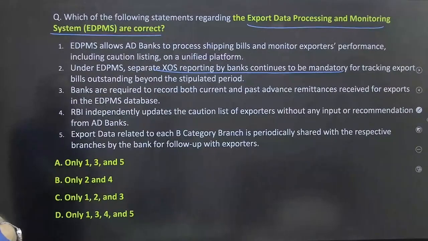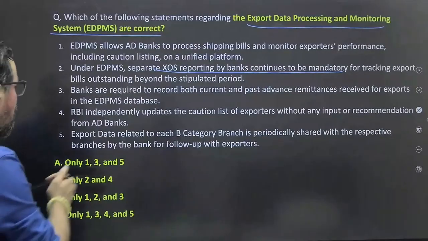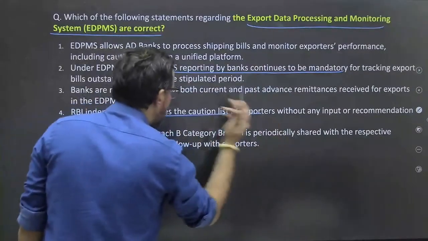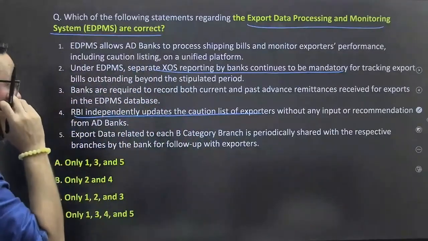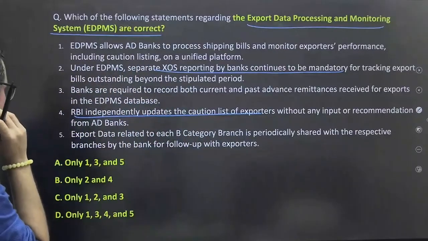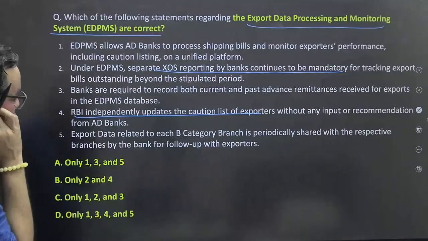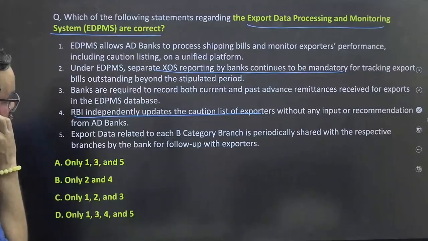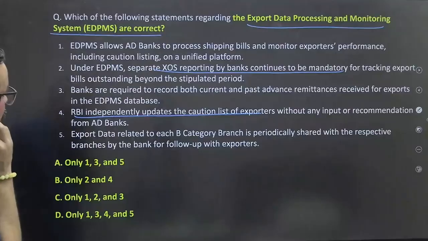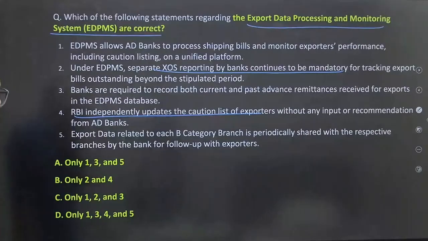Okay. RBI independently updates the caution list of exporters without any input and recommendations from authorized dealers. Export data related to each B category branch is periodically shared with the respective branches by the bank for the follow-up with the exporter itself.